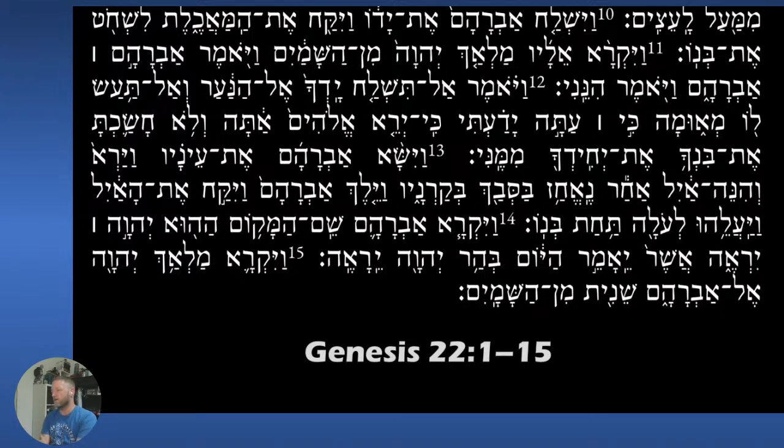Me'uma. Okay, me'uma, nothing. Al ta'as lo me'uma. Don't do anything to him. Okay? So again, al tishlach yadcha el hana'ar ve'al ta'as lo me'uma. Don't do anything to him.